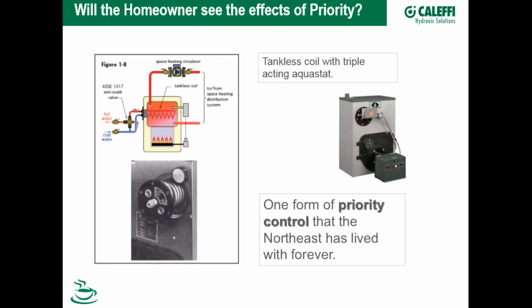Now, with this, somebody lost heat as they used hot water, and once the boiler temperature came up, it would release the circulator and start back up again. You talk to anybody that grew up in the Northeast, and they probably didn't even know that they lost heat. In most cases, it's not apparent.